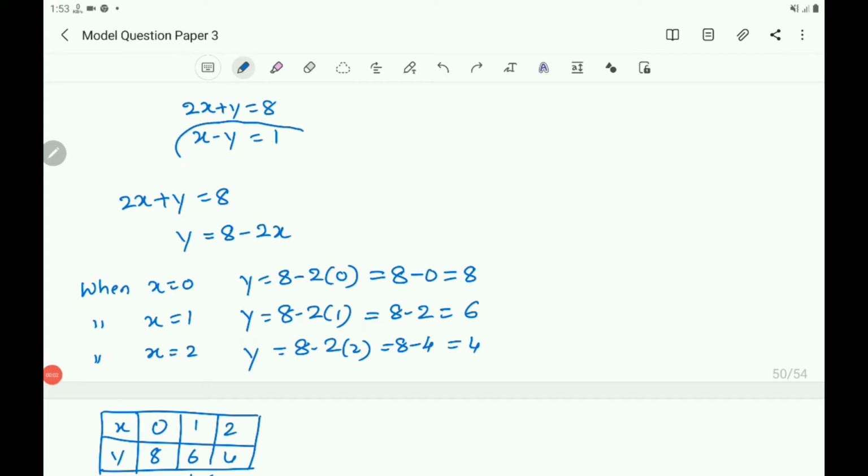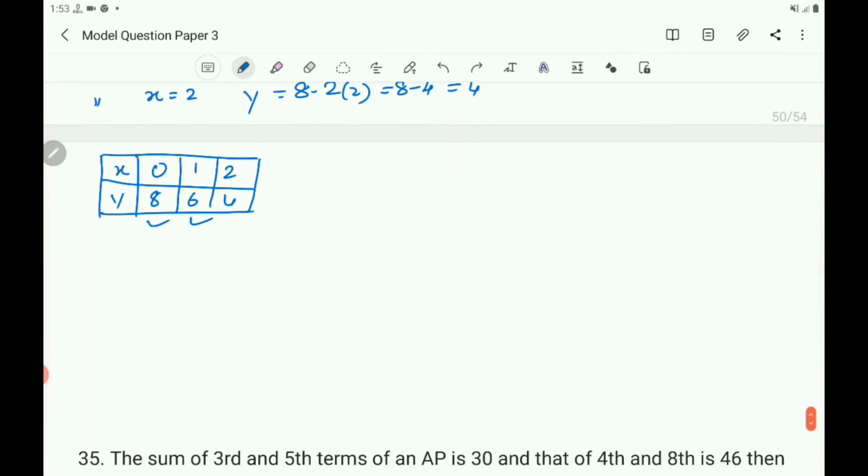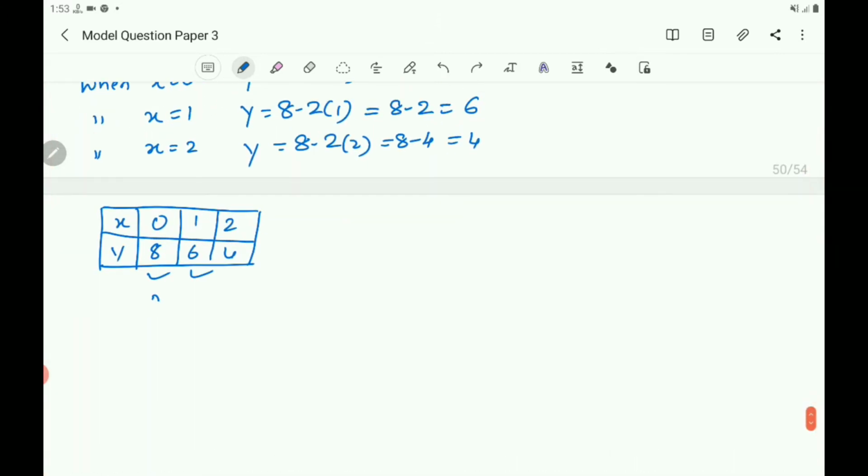Next you take the second equation, that is x minus y equals 1. You must convert this into y equals. So it is minus y. Write minus y equals 1 minus x.